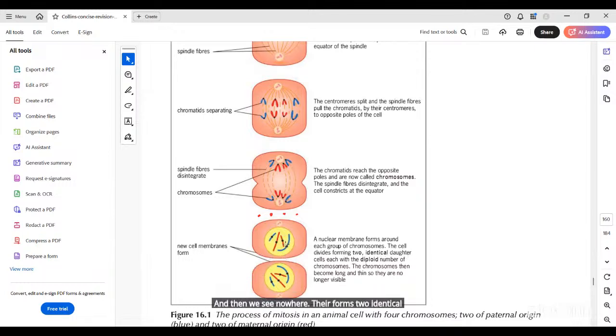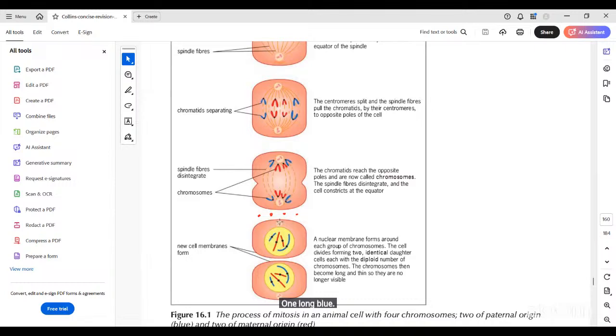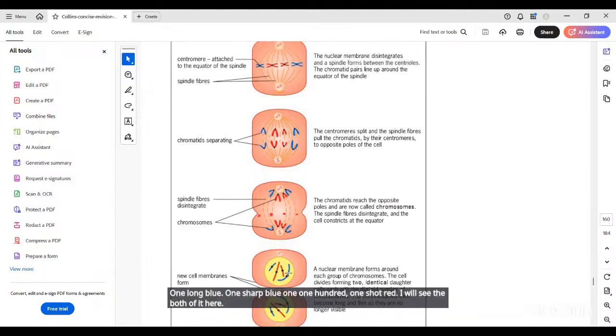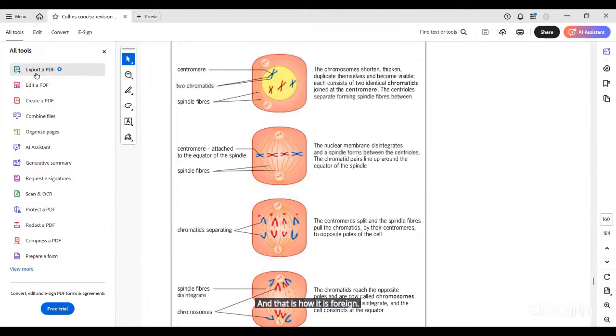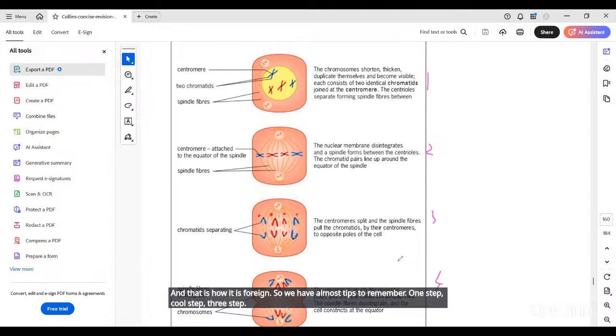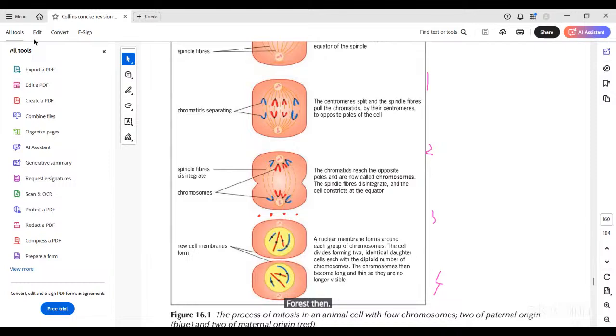We see one long blue, one short blue, one long red, one short red, and we see both of it here. And that is how it is formed. So we have how many steps to remember? 1 step, 2 step, 3 step, 4 step, 5 step. Basically 5 steps.